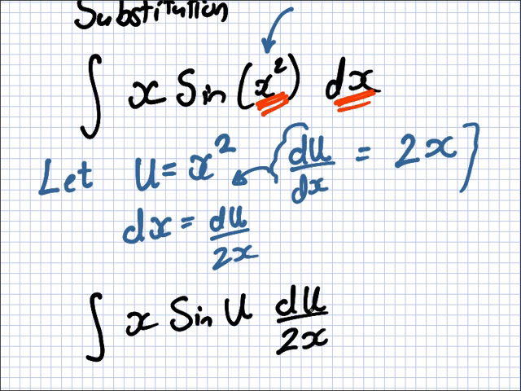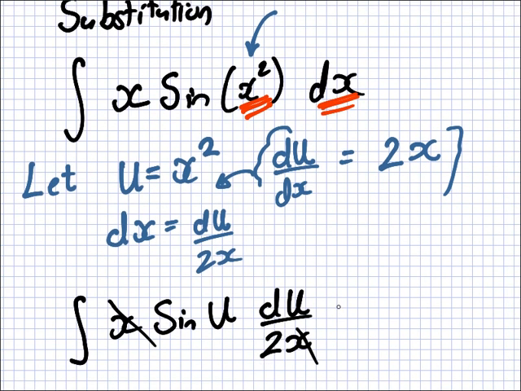But obviously something convenient happens here. What can I cancel? I can cancel the x. Also, I can take the 2 out. So I can change this problem into a half integral of sine u. Now that's a lot easier to do.